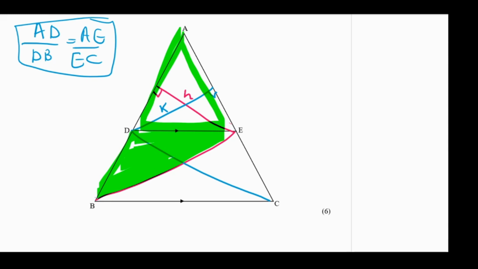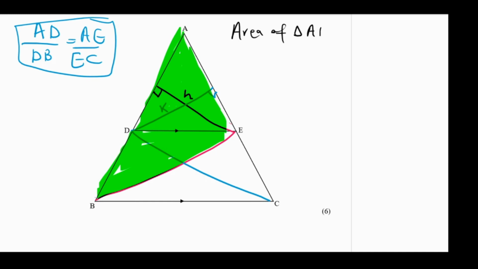So this is the part that we'll be looking at. On the left hand side is this portion here. So at the top is going to be the area of triangle ADE divided by the area of triangle DBE, right?